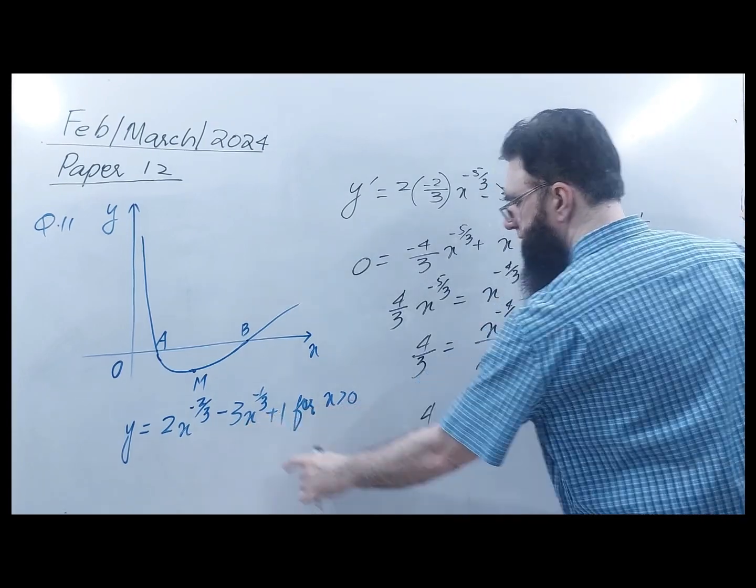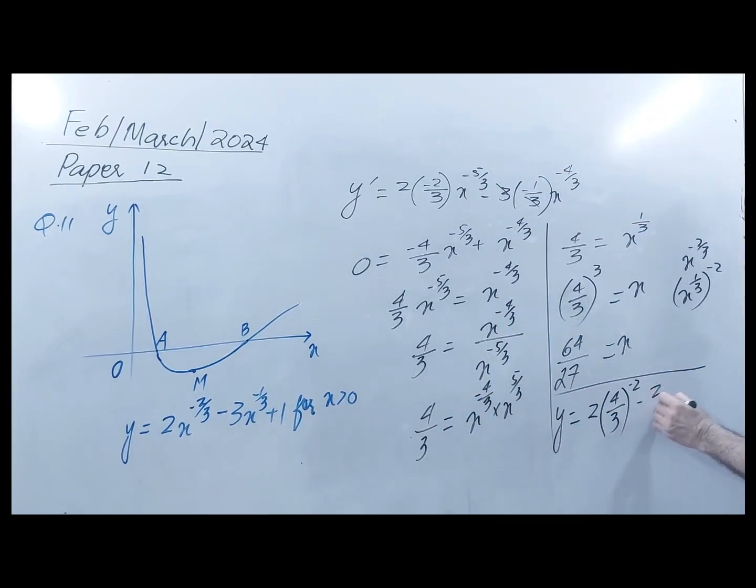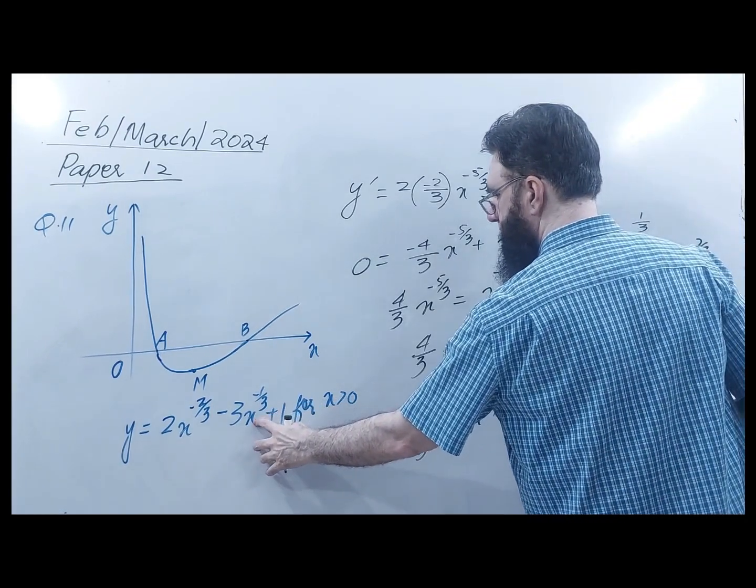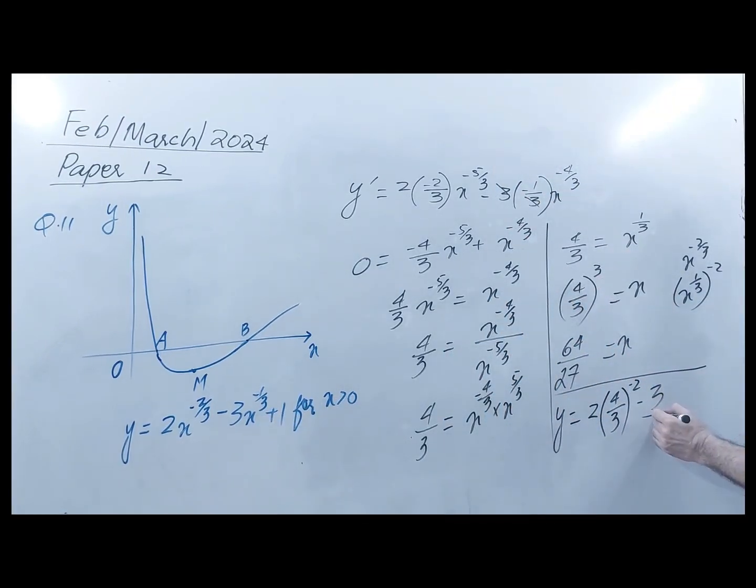You can do the same here. So minus 3. So x power minus 1 by 3, when it goes in the denominator, becomes x power 1 by 3. So x power 1 by 3 is 4 by 3. Plus 1. Well, it is also checked in the examination how you are approaching a question. Are your calculations simpler?